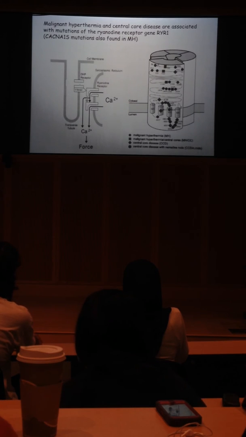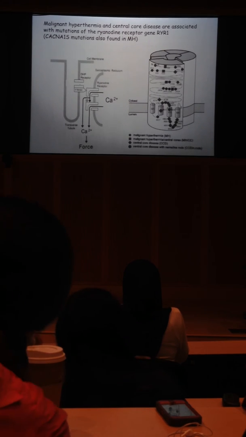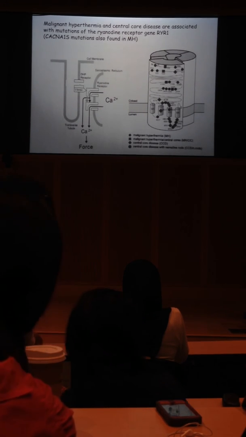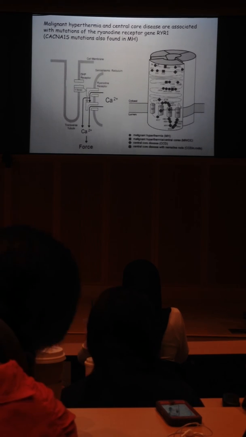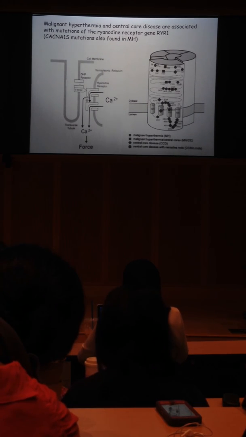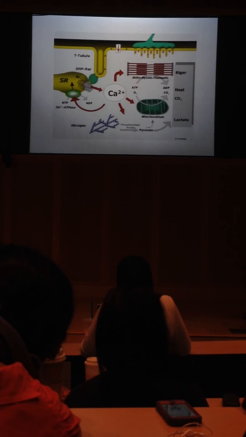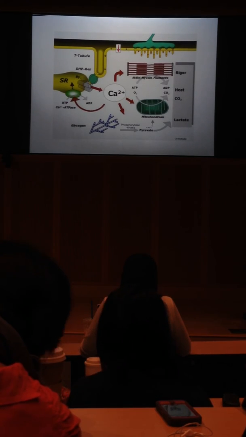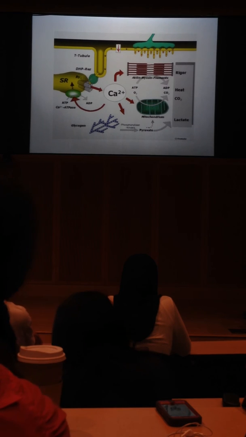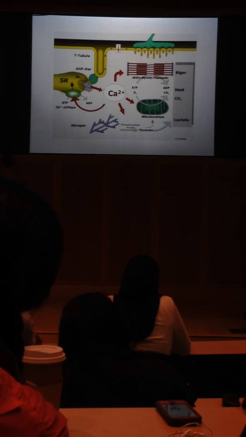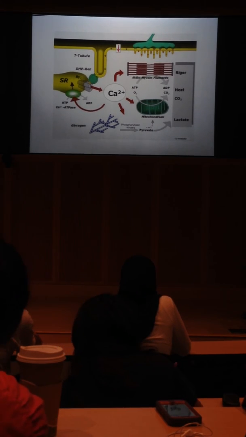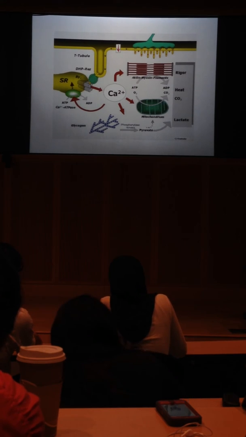In this case, the receptor becomes overly active, dumping a lot of calcium. The reason that's a problem is that you're getting way too much overload of calcium. As a result, you're in constant cross-bridging, so you're constantly contracting. At the same time, all this calcium load will activate the pumps.